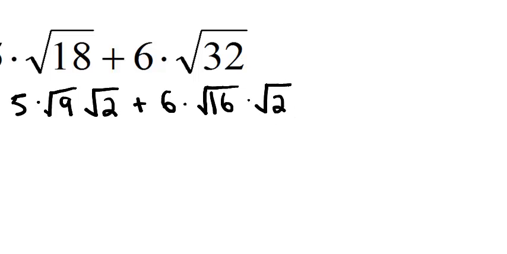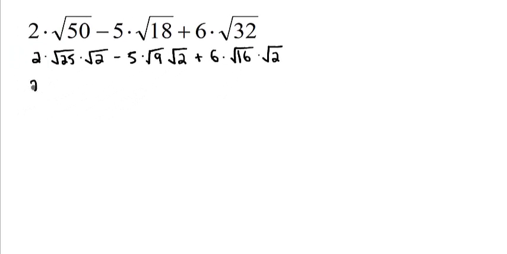So I'm going to simplify this stuff. So we've got 2 times the square root of 25, which is 5, and then times the square root of 2, we can't break that down at all, minus 5 times the square root of 9 is 3 times the square root of 2, plus 6 times the square root of 16 is 4 times the square root of 2.